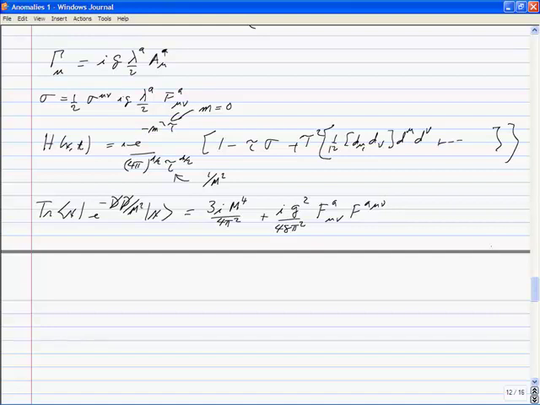The m to the fourth term comes from the 1. This guy is F mu nu. There's also a sigma squared term that's an F mu nu. But if you do all the algebra, it comes out to be that.